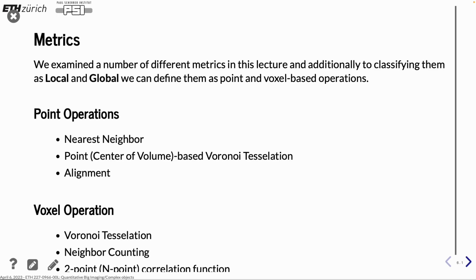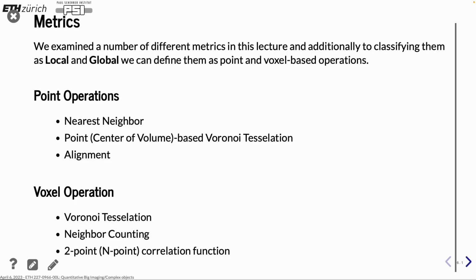I briefly swept over Voronoi tessellation last time, but that was just a brief hint on it. And we can also look at alignment of objects, and with voxels we can essentially do the same thing, and now we can also go on to doing 2-point correlation functions. And these are metrics that we can work with our objects and items.